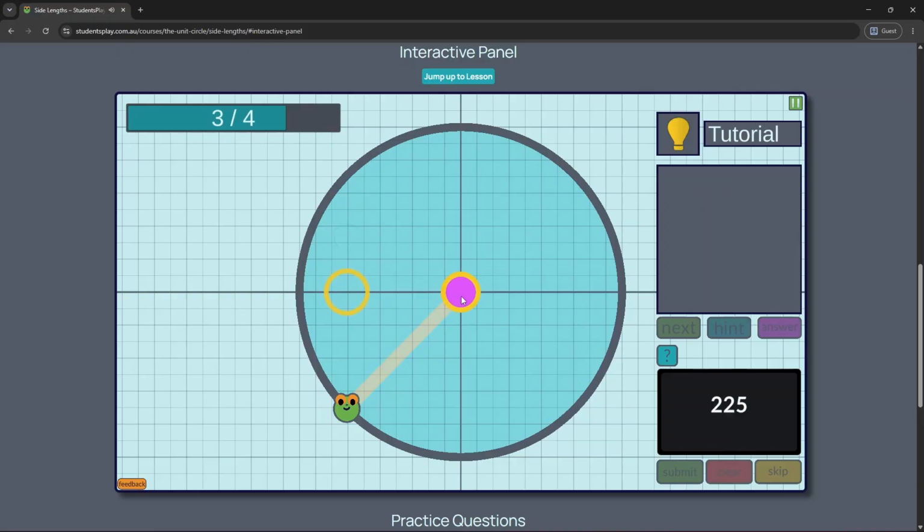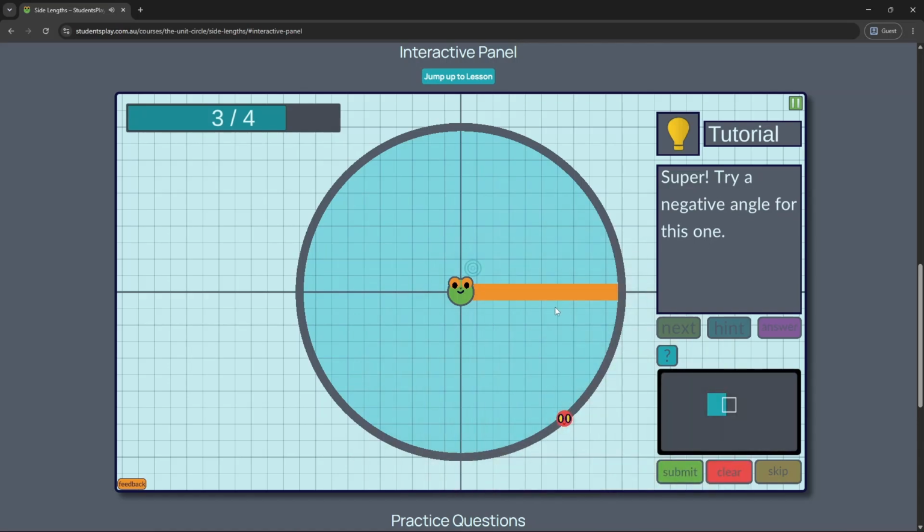Okay, drag the purple button across. Drag it down. Super, try a negative angle for this one. Okay, so going back this way instead. Looks like it could be about halfway again. Let's try negative 45.